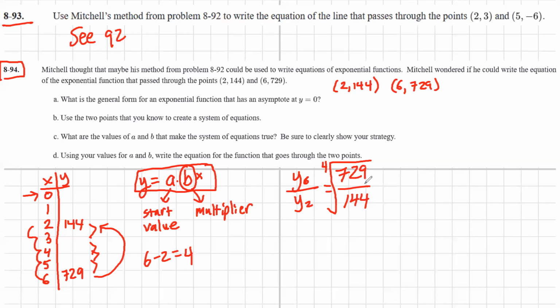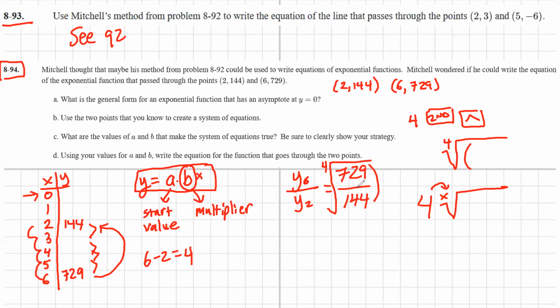Since I'm taking the 4th root, I'm going to type in the number 4, press the second button, then press the exponent button, and it should give you a symbol in your calculator, which means that x is a 4th root. You're also going to have to put parentheses in because we're taking the root of this whole thing. So make sure you put parentheses, 729 divided by 144, and see what you get.